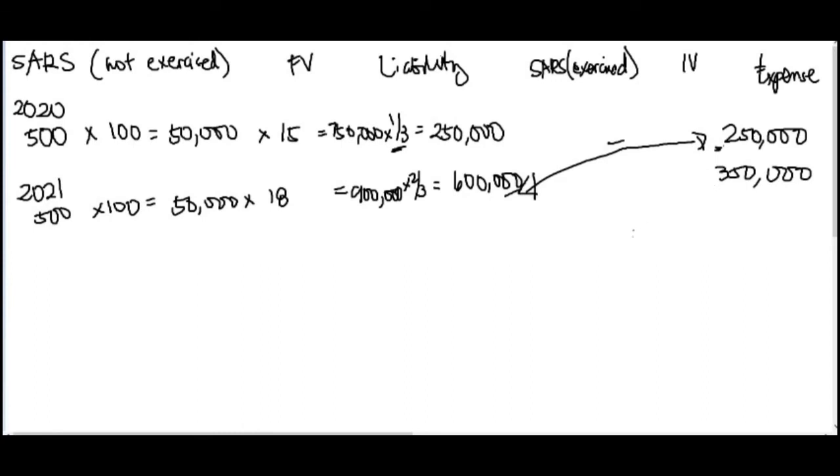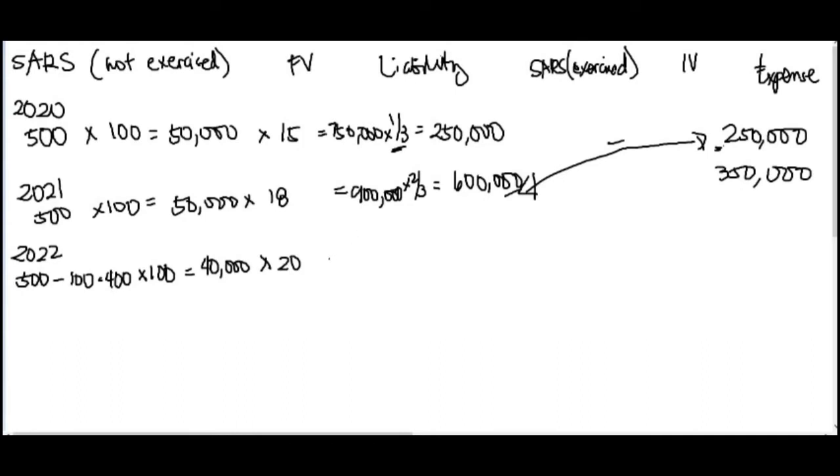Okay? Next, 2022. Ito, medyo mas exciting to, kasi may nag-exercise na. So, anong gagawin nyo? Meron daw nag-exercise na 100 employees ng 2022 ng kanilang SARs. So, ibig sabihin, 400 na lang yung not exercised times 100 is equal to 40,000. Times fair value, kasi not exercised.